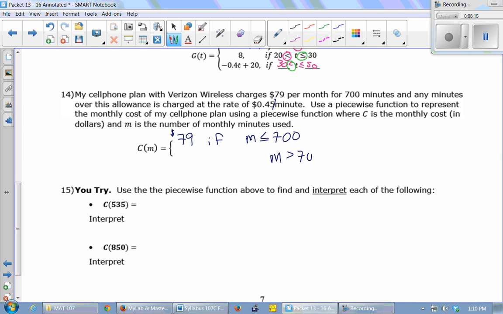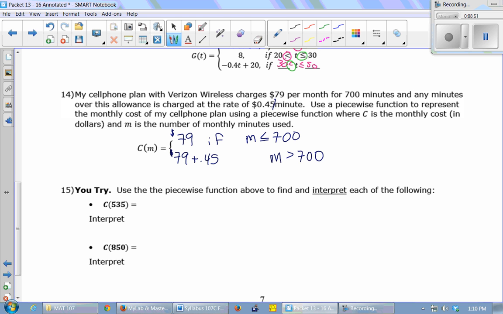But if M is greater than 700, how do I calculate my monthly bill? 79 plus 0.45 times... do I get charged 45 cents a minute for every minute I talked? Only the number that were above 700. How do I calculate how many minutes more than 700 I used? You got it.